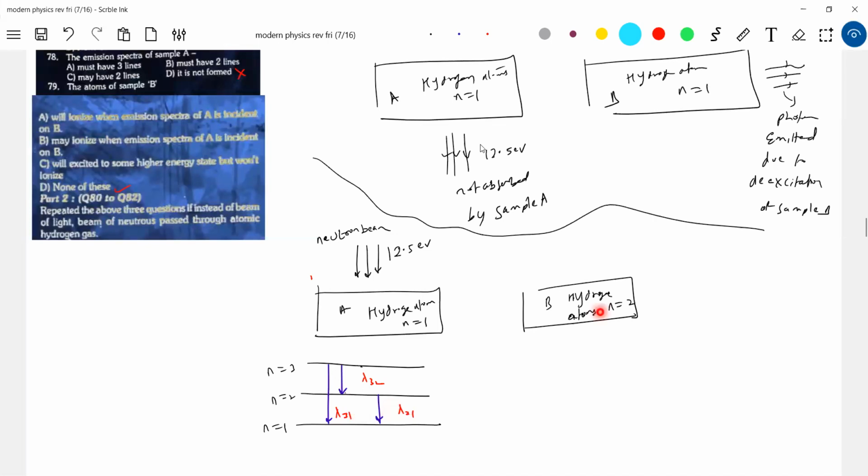It is already there in the first excited state. If this photon strikes, it will jump to 3. And from 3 to 1, it can liberate. So here, the spectrum will be like this. If it absorbs lambda 3-2, it may jump.